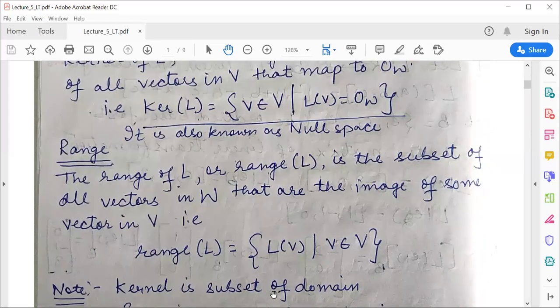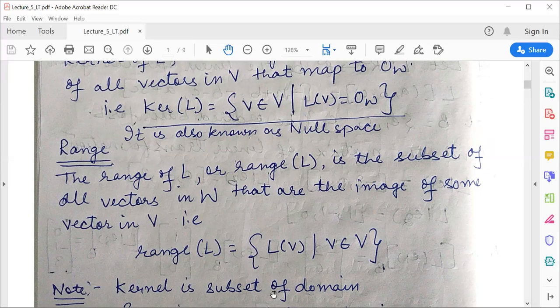Because as you are defining any linear transformation, we took a linear transformation from R square to R cube or from R cube to R square. Both are main vector spaces consisting of a number of elements. But while defining a linear transformation from one vector space to another, we define it in a well-defined manner.